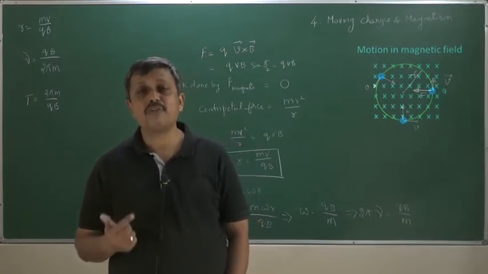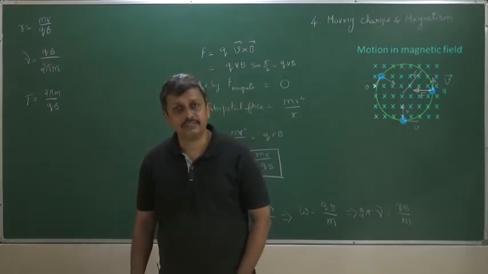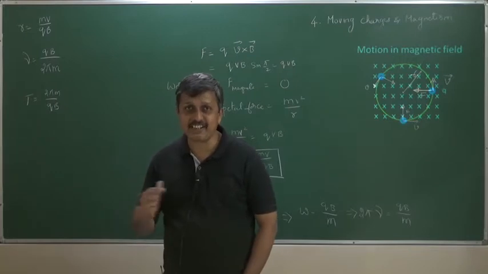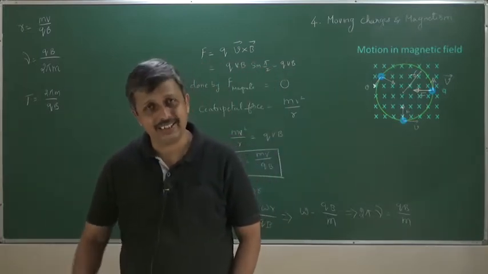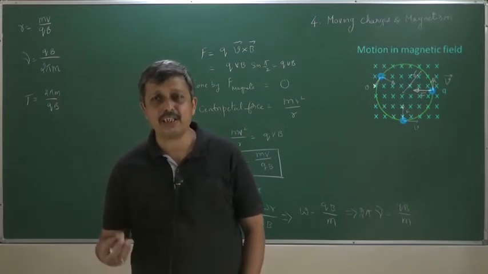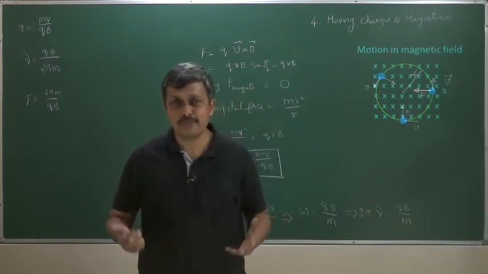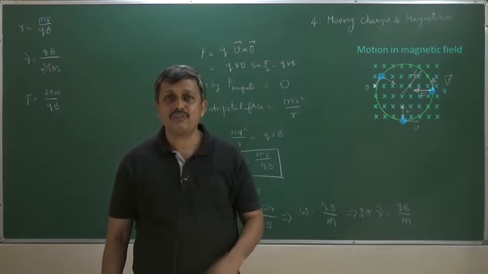To build what we call cyclotrons. Cyclotrons are the equipment which can be used to accelerate particles. If you want to accelerate charged particles, either electrons or ions, you can get them to very high speeds, because you want to bombard them somewhere, use them for some ionization, or create some new elements.